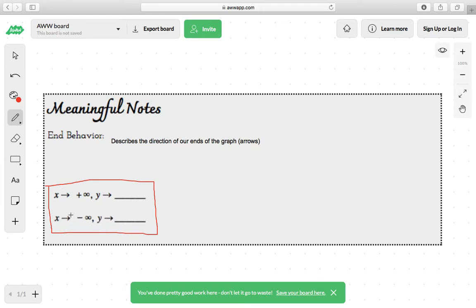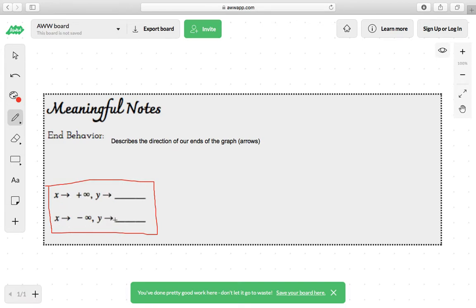And so, what this means, if we think about our x values and our x axis, if x is approaching or going towards positive infinity, all of the positive x values are the right side of the graph. So, the first line is the right side of the graph, which can either go up or down.